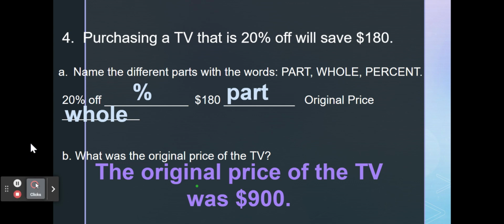Okay, before we move on, I'm going to give you a choice. If you are feeling comfortable with this concept, you can choose to stop this video now and work on the rest of the problems on that sheet all the way up to number 9 on your own.